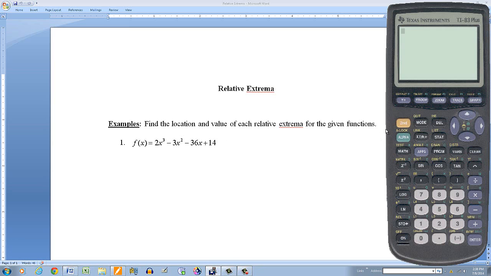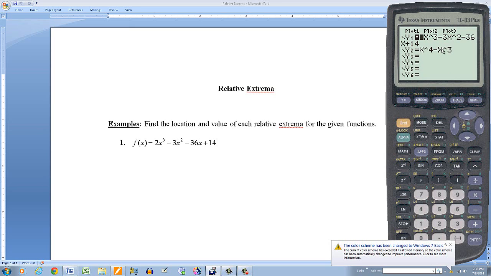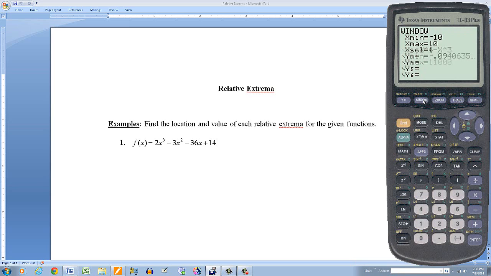So I'm going to take my calculator, and I have the function already entered here, 2x to the third minus 3x squared minus 36x plus 14. Now I'm going to have to adjust the window so that we can see the function on the screen. So let me make an adjustment on this.